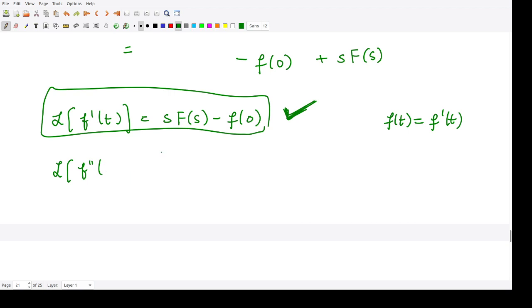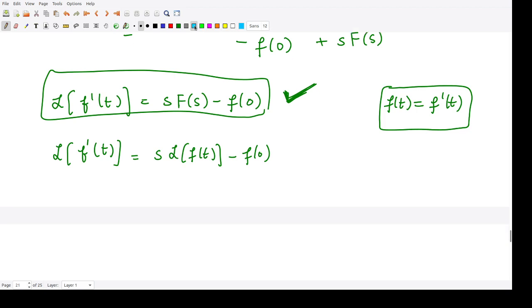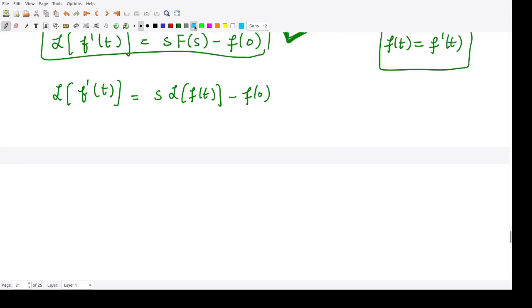Let me write it like this first. This is the Laplace transform of f dash t, where s into F of s is the Laplace transform of f of t, minus f of 0. So if I replace f of t with f dash t, see carefully what I get.